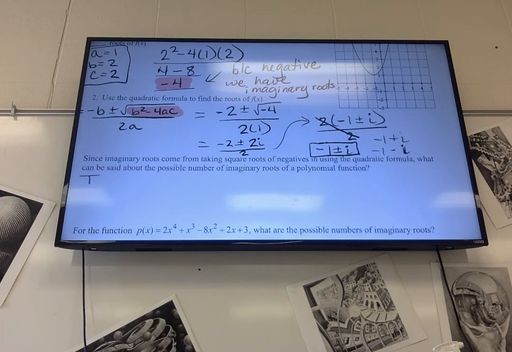So I'm going to write it like this. Imaginary roots must occur in even amounts.